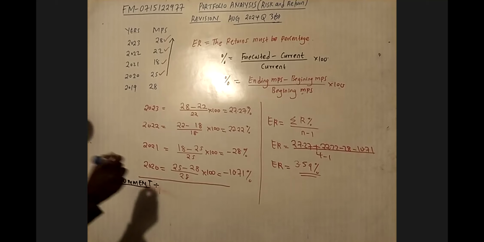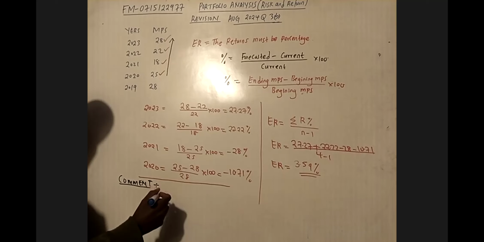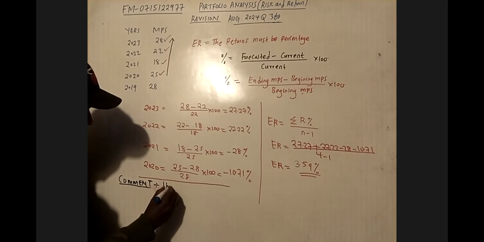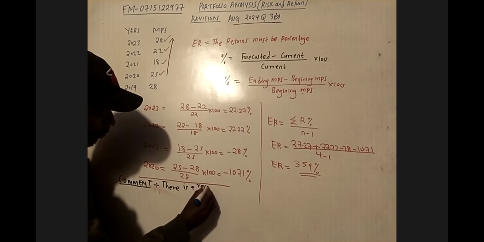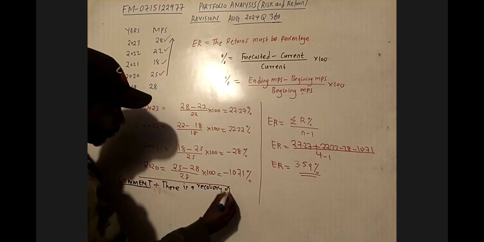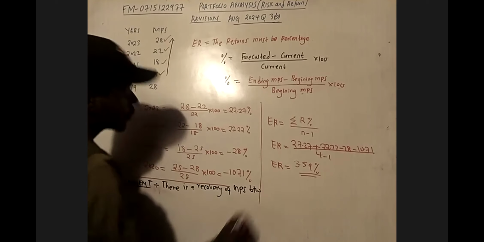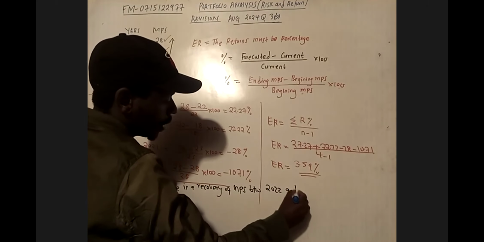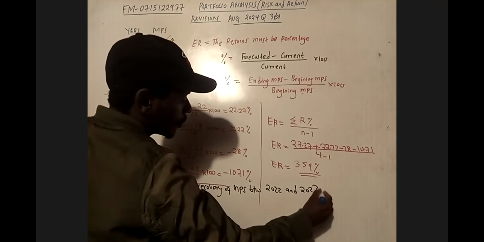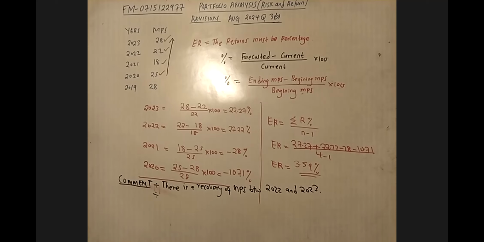So we can say, it is clear that there's a recovery of the market price, which is MPS, between 2022 and 2023. So that is one comment we can say. There is a recovery of the market price between the year 2022 and 2023.